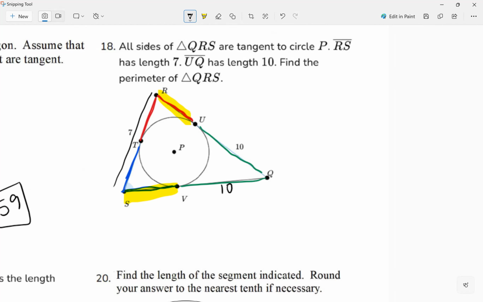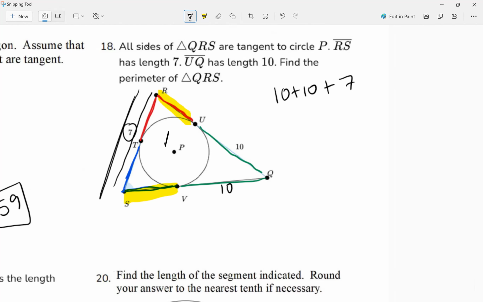So far, what I know is if I add the two green ones, 10 plus 10 plus the 7, this whole thing, I need to figure out those two that are highlighted. But think about it. Isn't the 7 on the left side made by a red and a blue tangent?